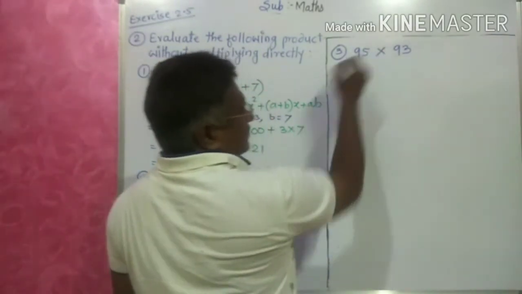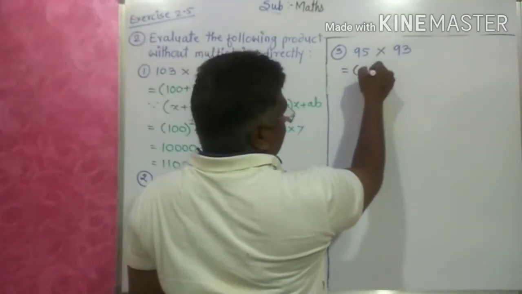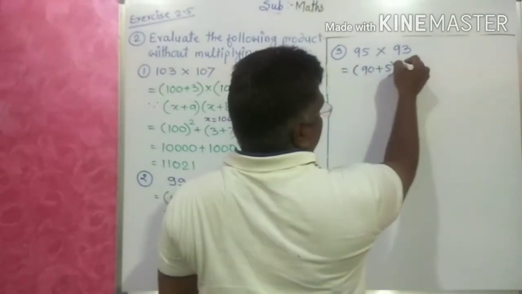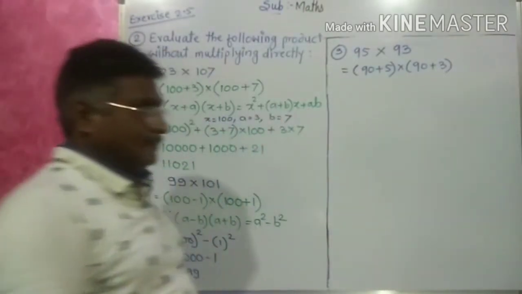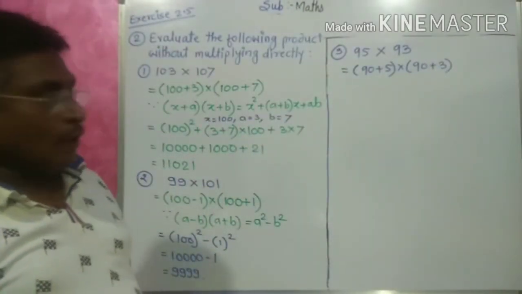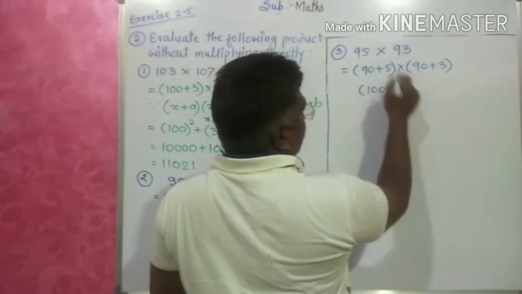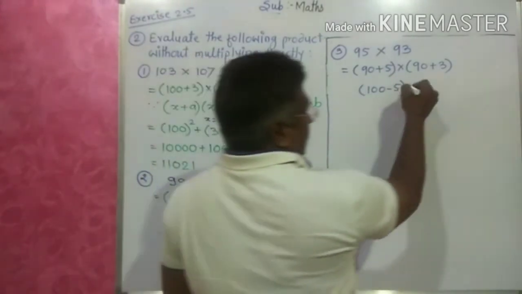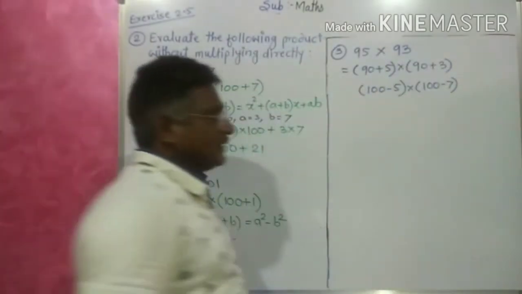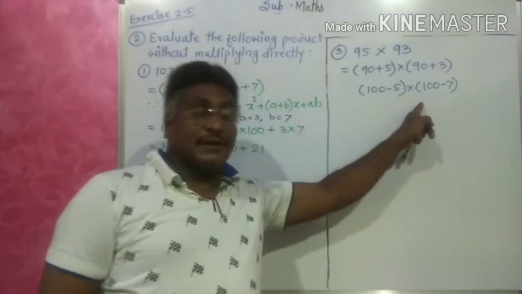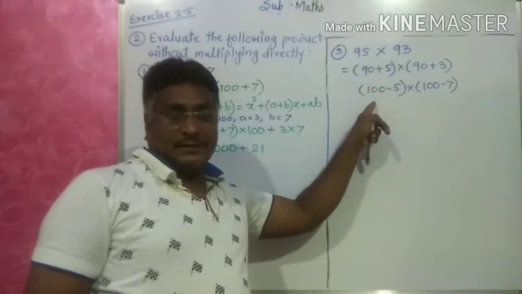So how to write this? 90 plus 5 into 90 plus 3. Got it? Or someone can write like this also: 100 minus 5 means 95 into 100 minus 7 means 93. So in this way also we can write. This way you can write or this way you can write.